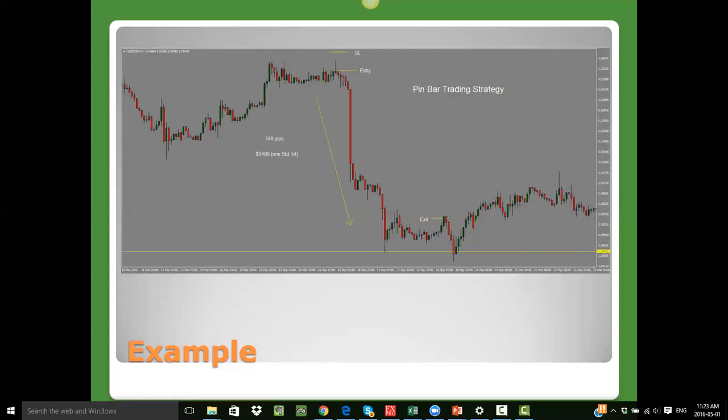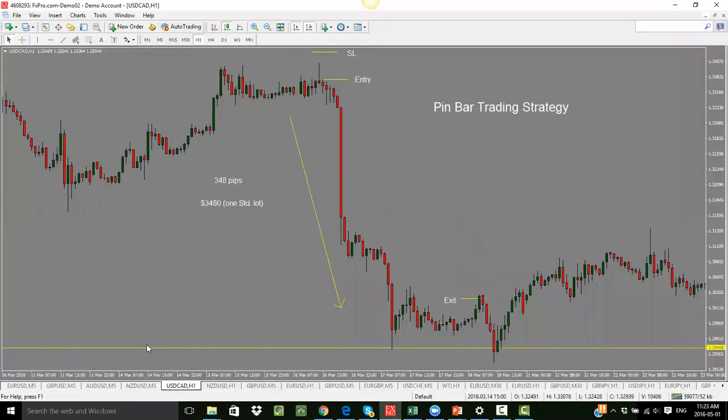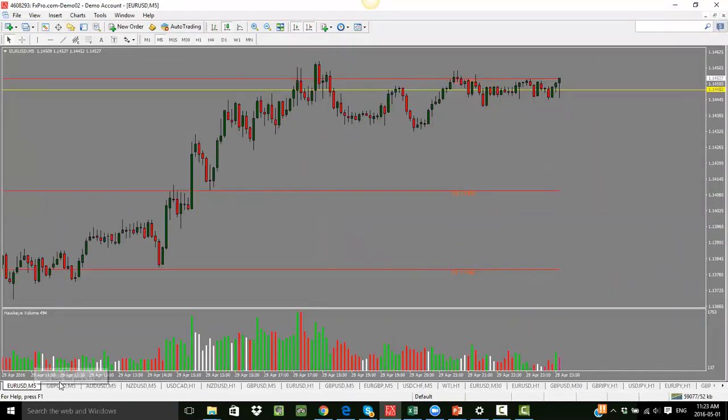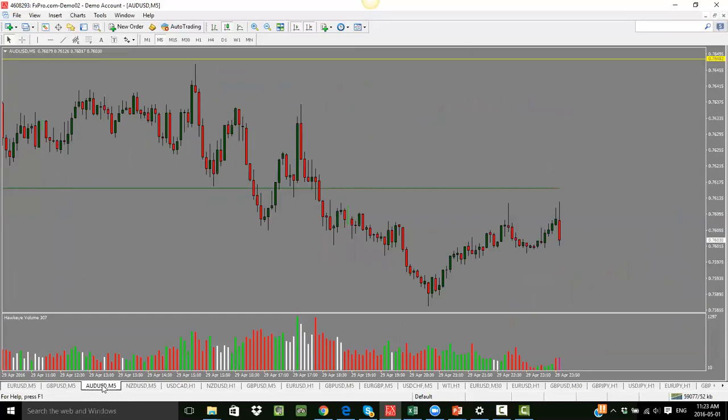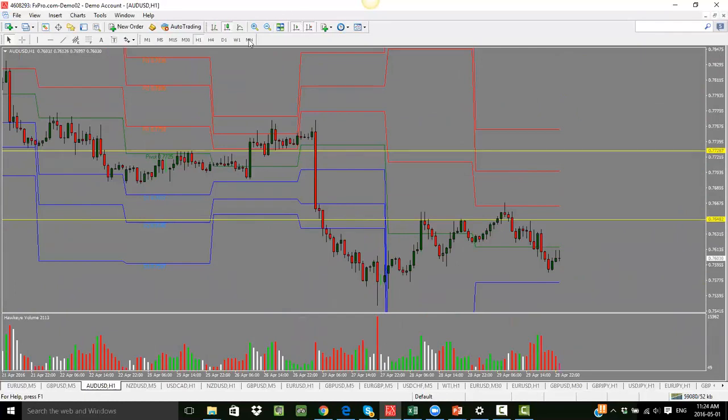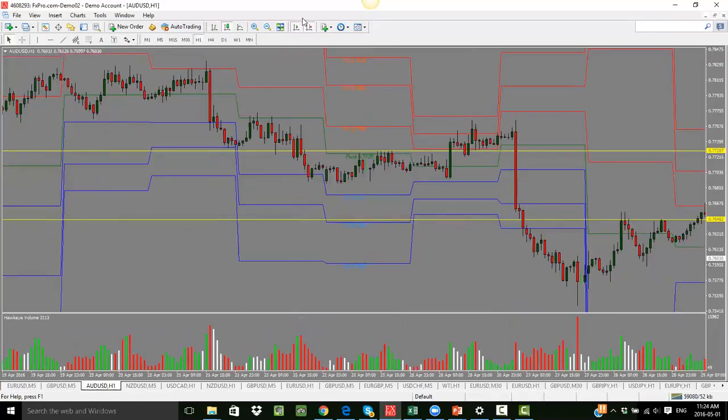Yes, I tend to leave the news alone. I don't really like the big news pin bars. There was one on the 5 minute chart recently, so let me take a look at it. It was the New Zealand dollar. They did not cut interest rates.